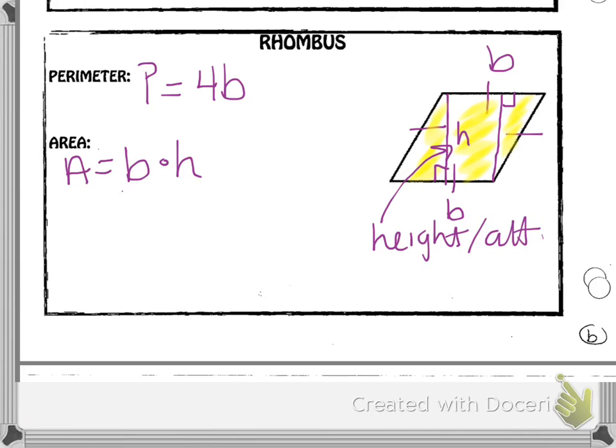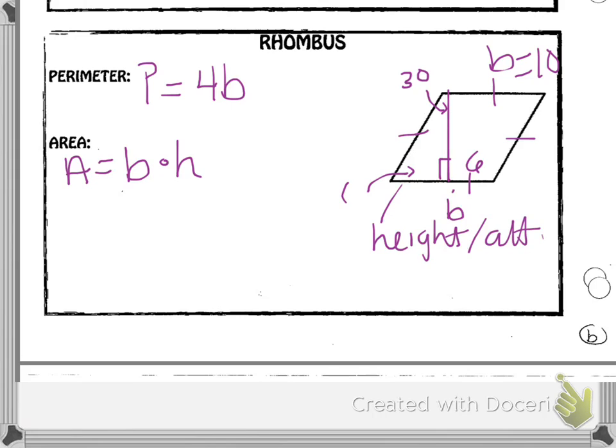Okay, so let's do an example here. So if I draw back in my height, I'm going to say that one of my sides is equal to 10. I know they're all the same. I'm going to say this piece here is 6, and this angle is 30 degrees, so that makes this angle down here 60 degrees, okay?